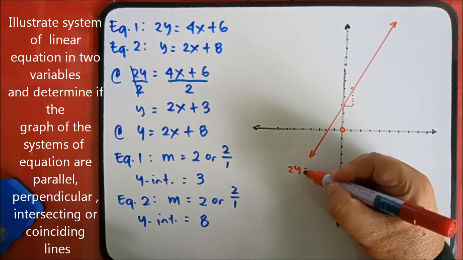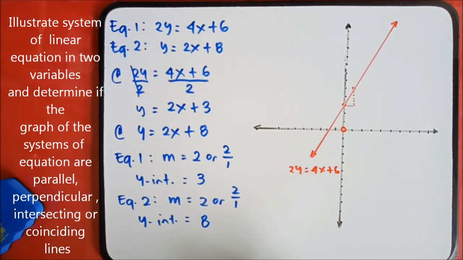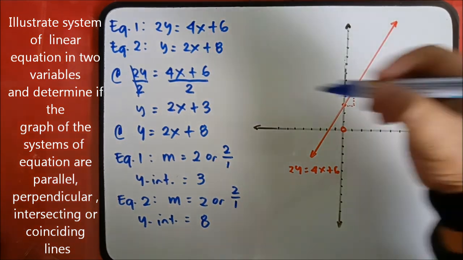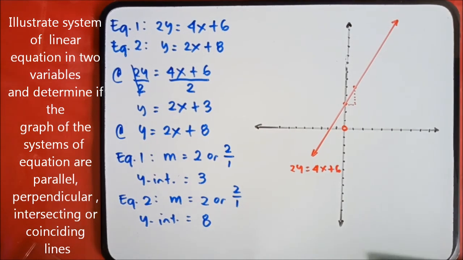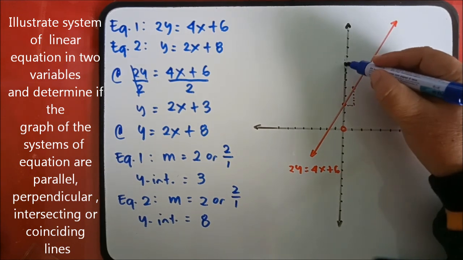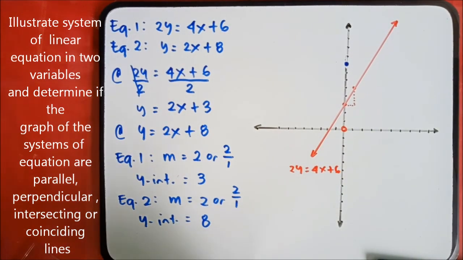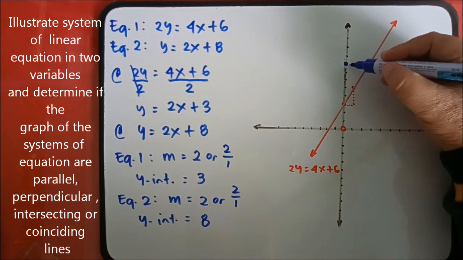2y is equal to 4x plus 6. Okay, equation 2. Let us plot equation 2. Equation 2: slope is 2 over 1 and y-intercept is 8. So your y-intercept is 1, 2, 3, 4, 5, 6, 7, 8. Okay, what is our slope? Our run is 1.